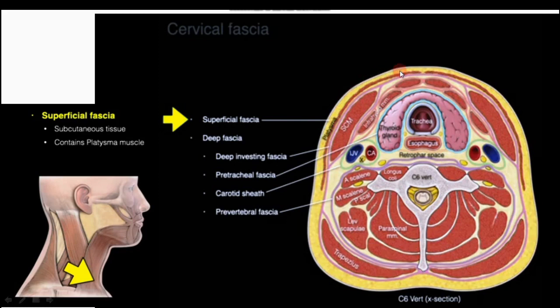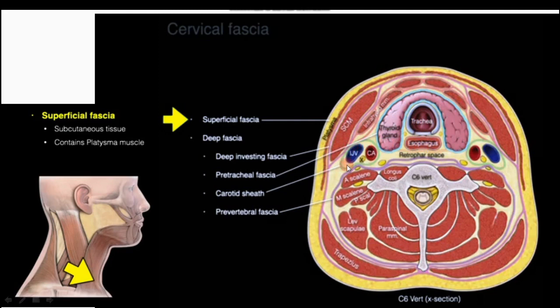This is the anterior aspect, and here is the posterior aspect. Then we see the sternocleidomastoid, infrahyoid muscles, thyroid gland, trachea, esophagus.